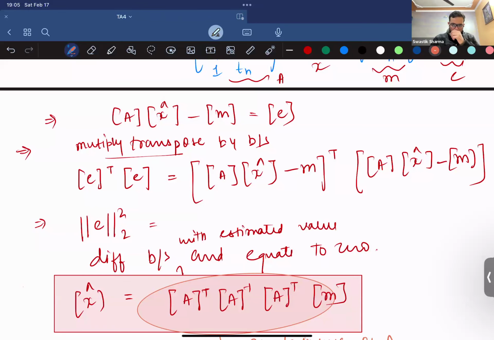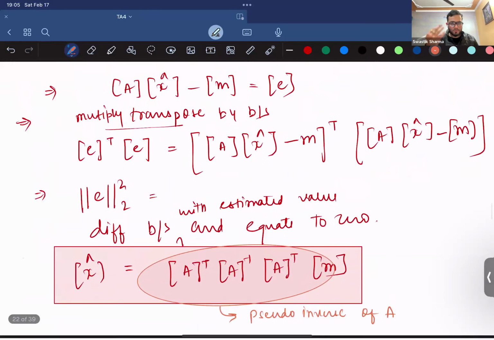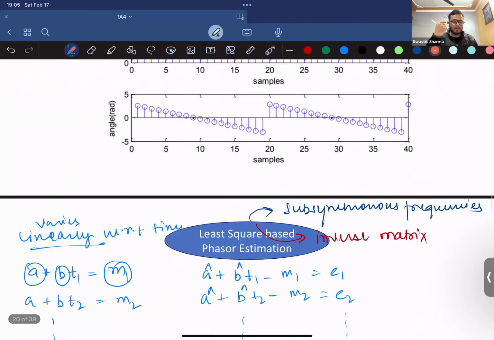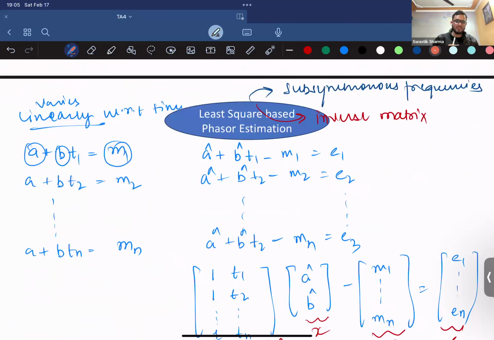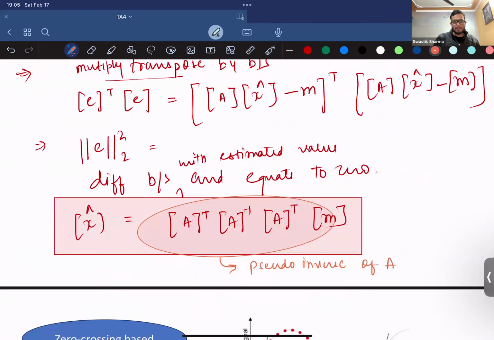So this is how phasor estimation is done. It's done using two things: DFT and least square based methods. But since subsynchronous frequency is not dealt with properly in DFT, we use least square based methods as well. One more thing, it's fairly easy to do in MATLAB as well. You can just use pseudo inverse in MATLAB to calculate the pseudo inverse.